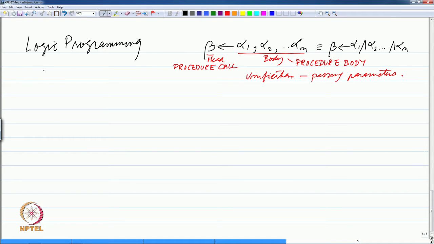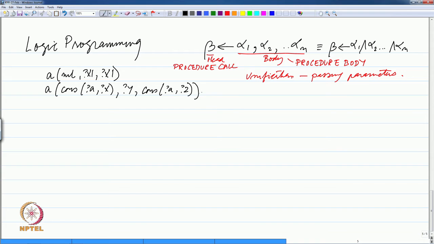which was essentially, let me just use A here, append of nil, x1, x1, and the other one said that append of A cons x1, x2, A cons x3 holds.